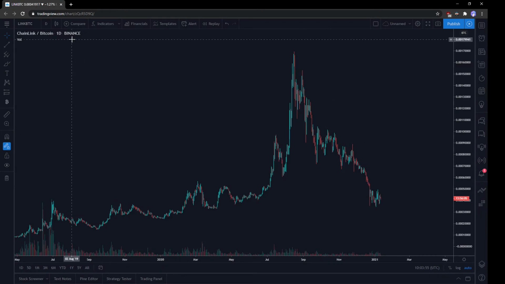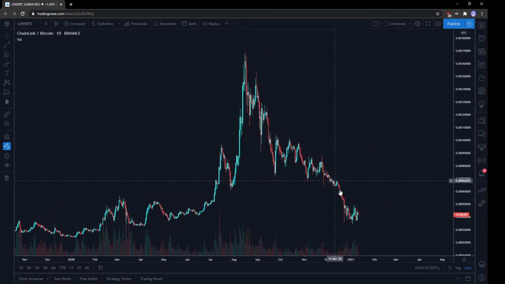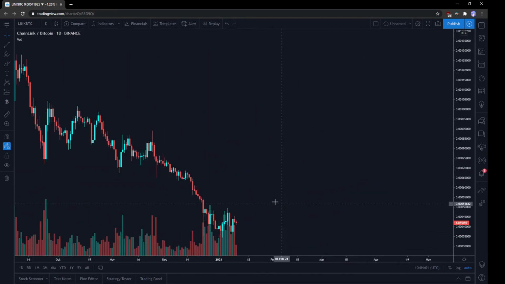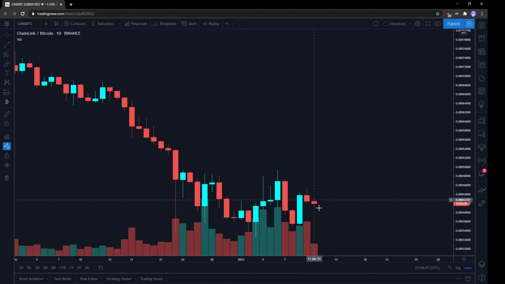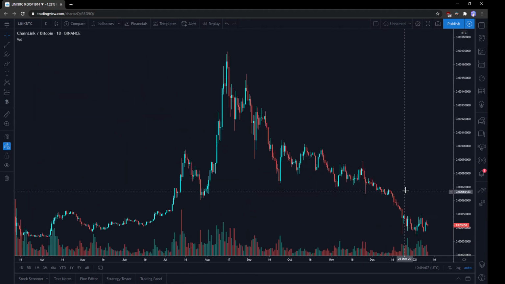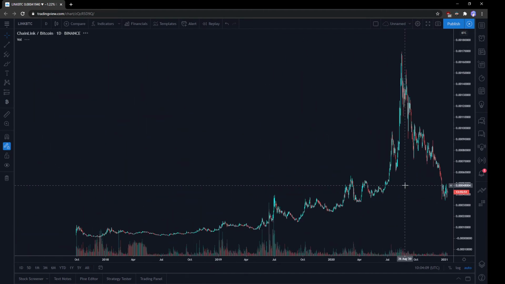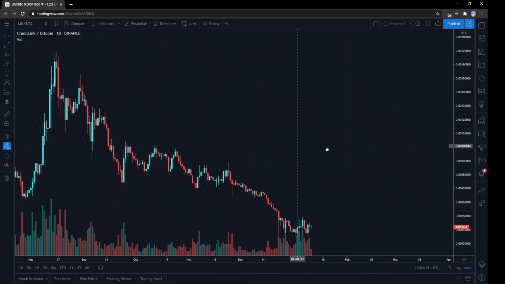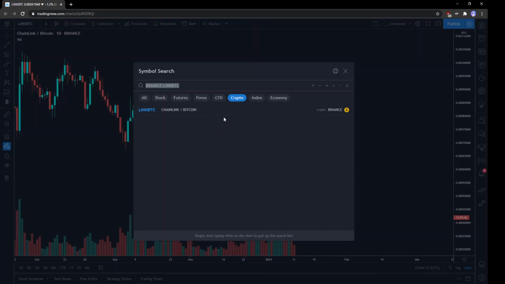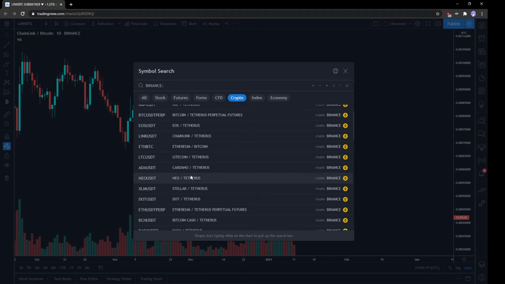If you look at Link BTC, it's clearly not performing well against Bitcoin. At best right now, since the pump, it's going sideways, so to keep an eye on it, but not trade it right now is what I'm going to do.